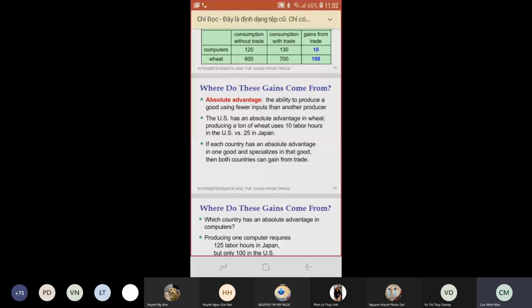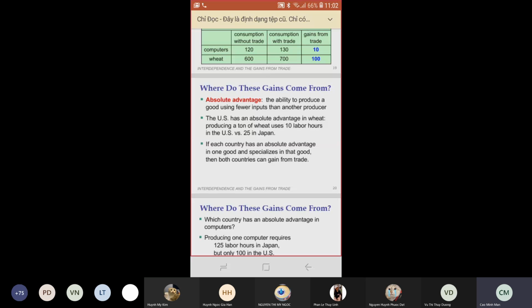I just explained for you the meaning of absolute advantage, and I confirm it is a possible reason for trade, but it's not the key one.